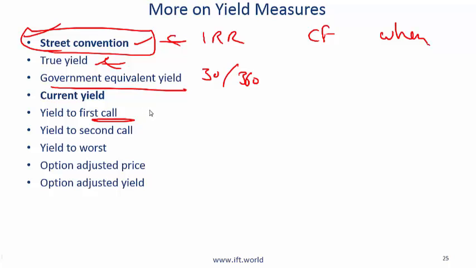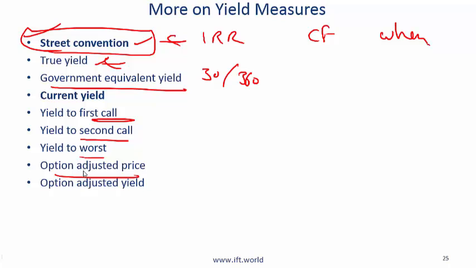If the bond is called at the first opportunity, then what's the yield? That yield is called the yield to first call. Similarly, if you assume that the bond is called on the second call date or the second opportunity, that's the yield to second call. Let's say a bond is also puttable. So you calculate the YTM, the yield to first call, yield to second call, yield to put, and then the worst yield is called the yield to worst.